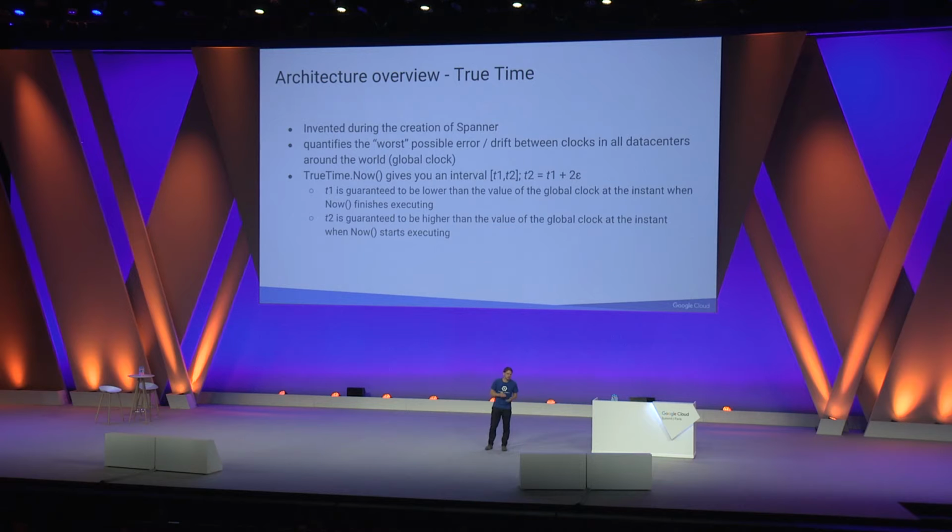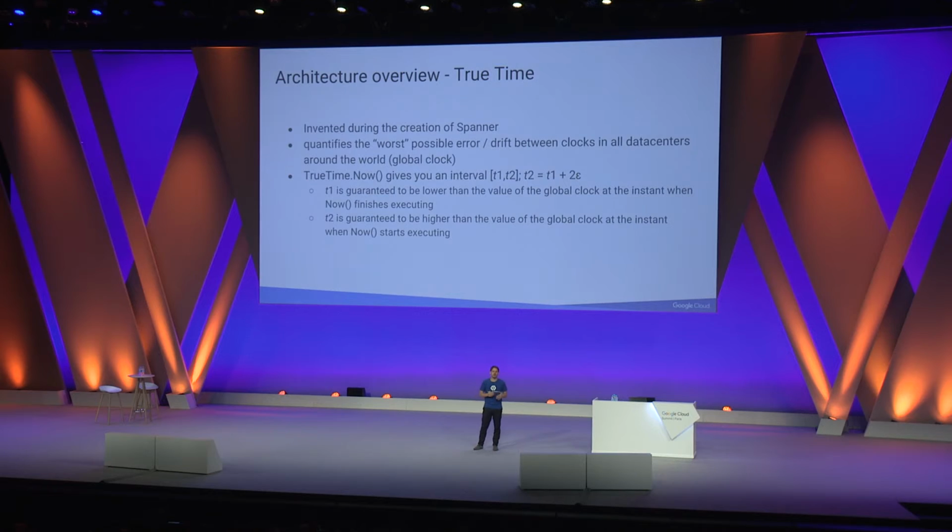What TrueTime does is, it doesn't give you a specific time. TrueTime gives you an interval, so you have a lower bound and an upper bound. The lower bound of your TrueTime timestamps is a timestamp where you know that this timestamp has passed all over the world. You know that for sure.